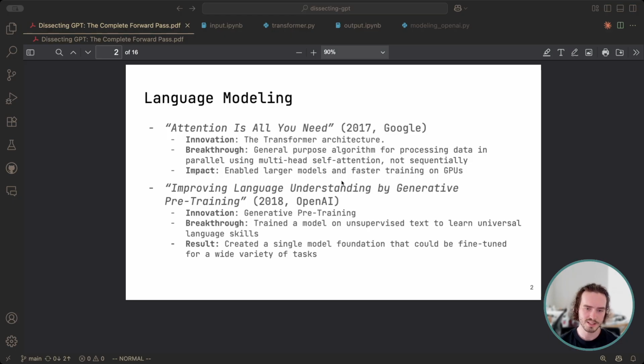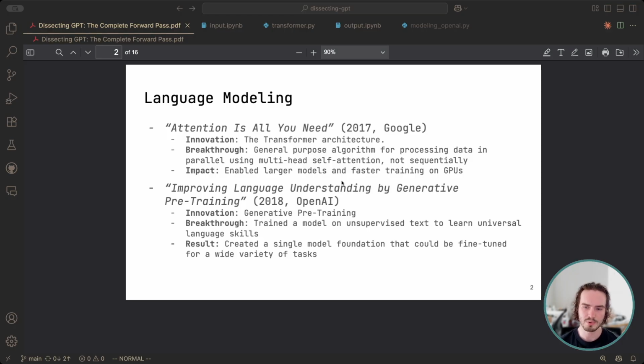Then the next year, OpenAI created the GPT, a generative pre-trained transformer. They pretty much took the transformer from this Google paper, but what they did new was what they called generative pre-training. They did huge scale unsupervised learning on a bunch of text.